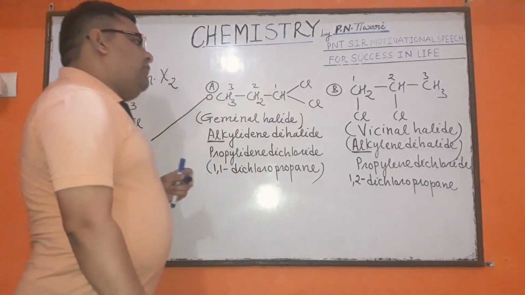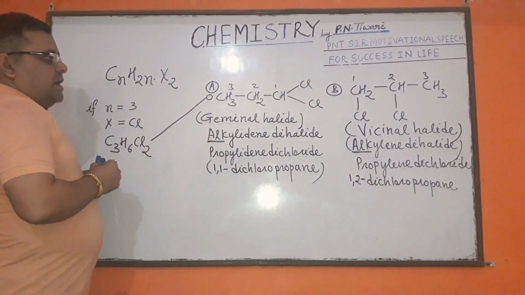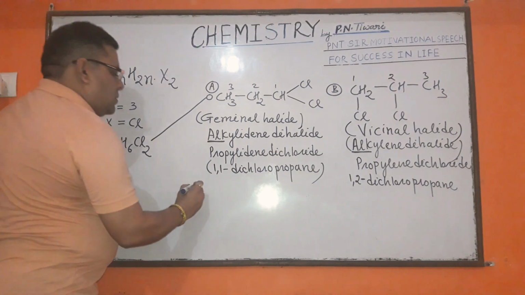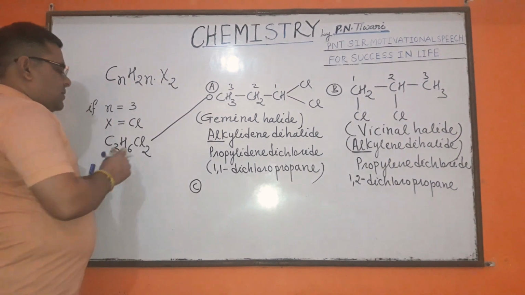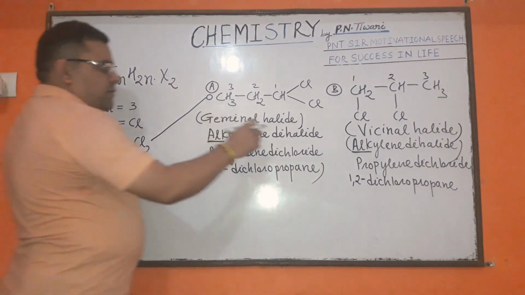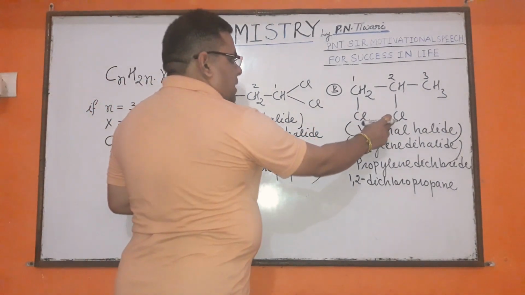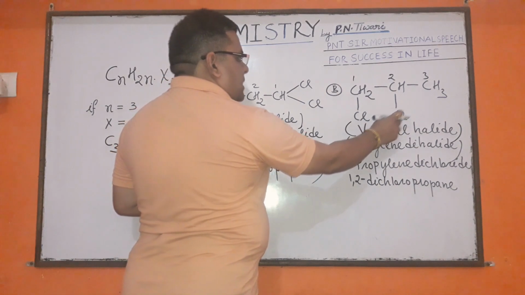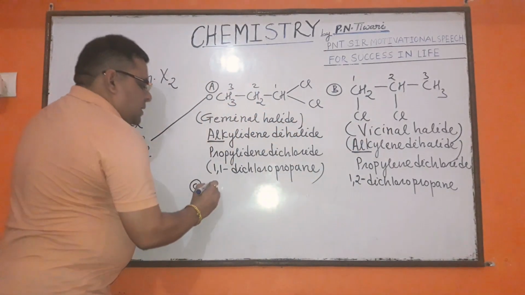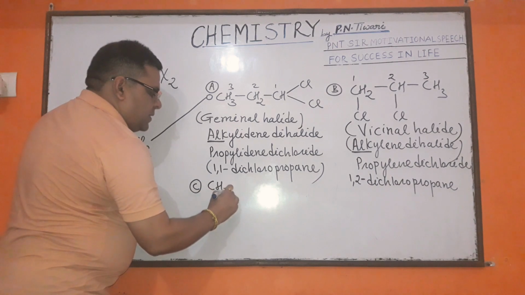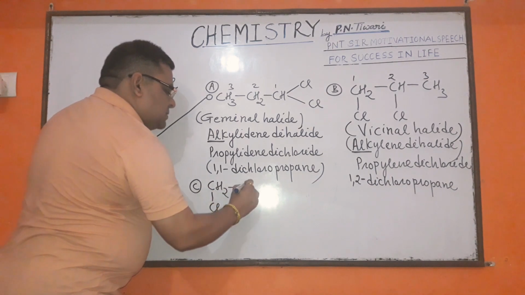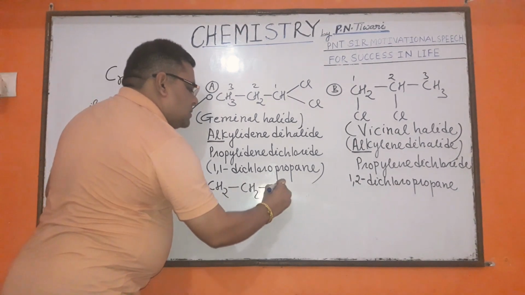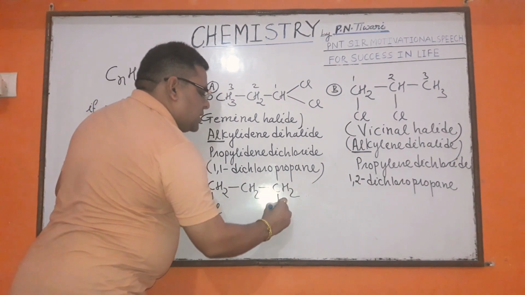And suppose if we further change the position of chlorine element, then we can also draw third structure of this dihalogen derivative with the same molecular formula. If we change the position of this chlorine, and suppose this chlorine element is connected with this third carbon, then its structure will be CH2Cl single bond CH2 single bond CH2Cl.